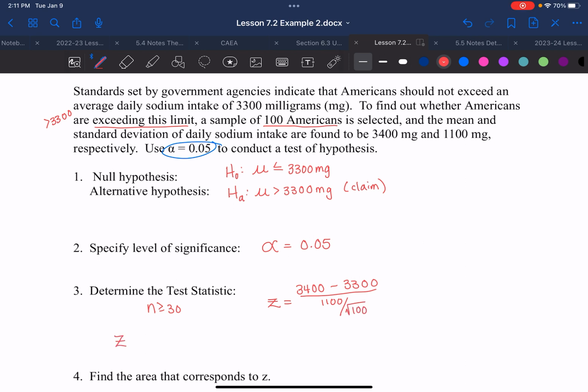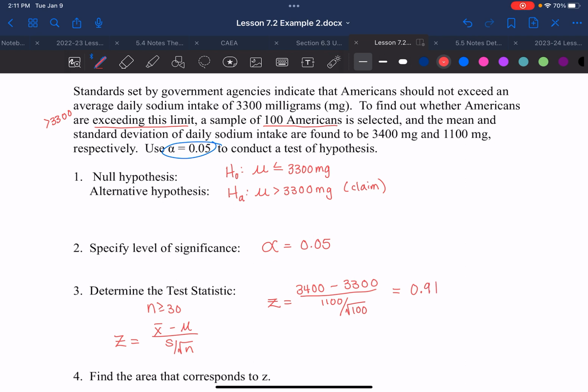I'm just using the standard z-score formula for a sample. When we do that calculation, I get a z-score of approximately 0.91.